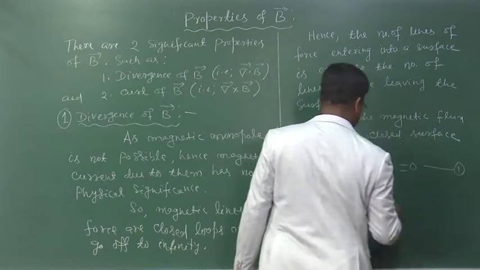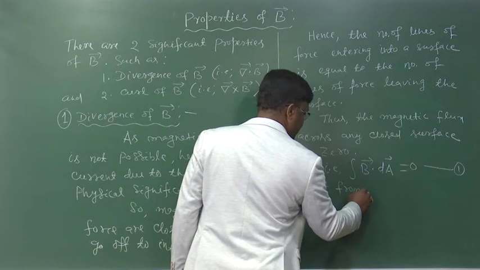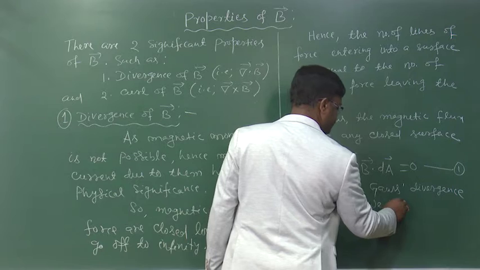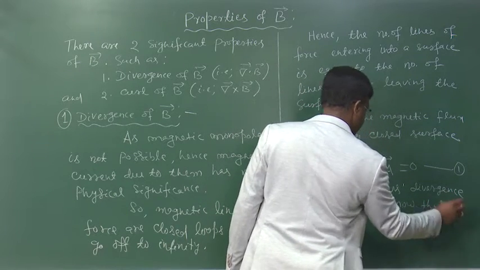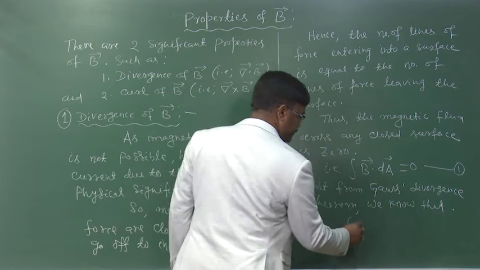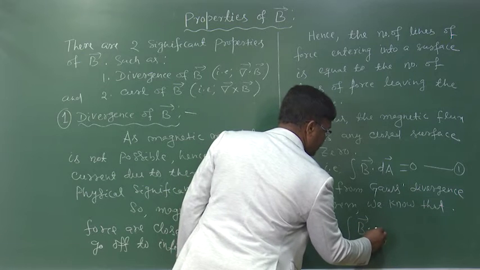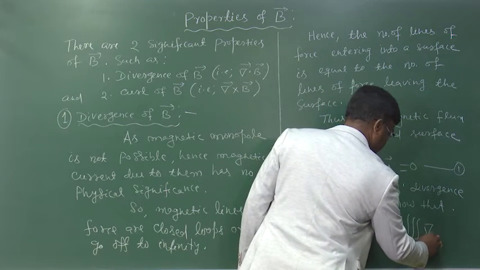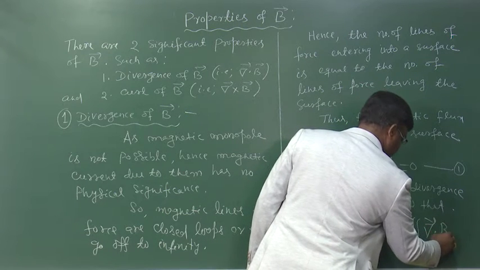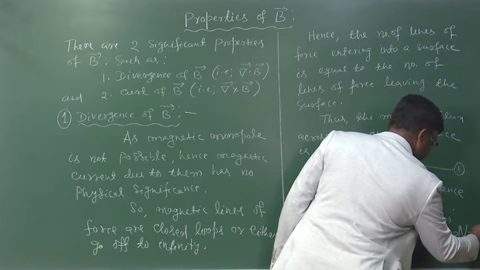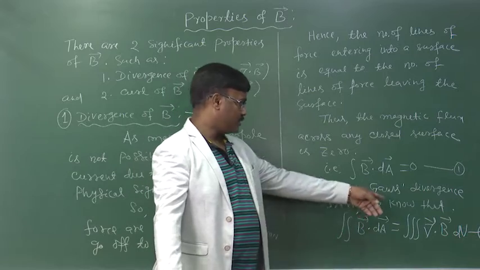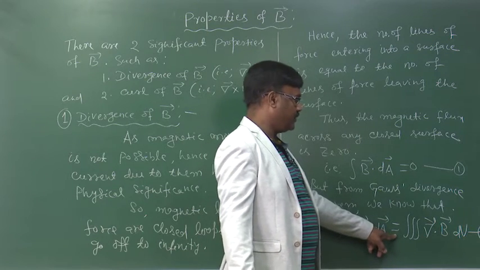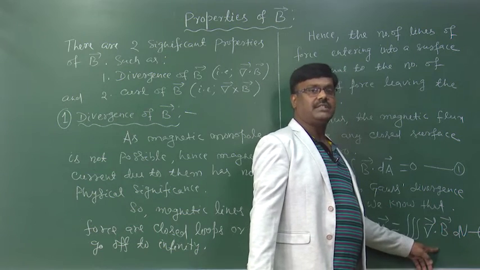But from Gauss divergence theorem, we know that the surface integration of a vector field is equal to the volume integration of the divergence of that vector field.